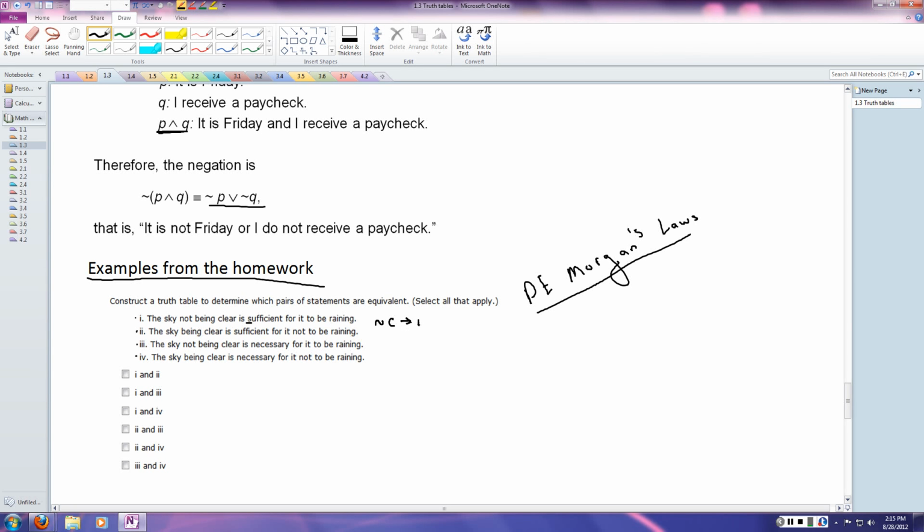So not clear implies R. The sky being clear is sufficient for it not to be raining. So this would be C implies not R.